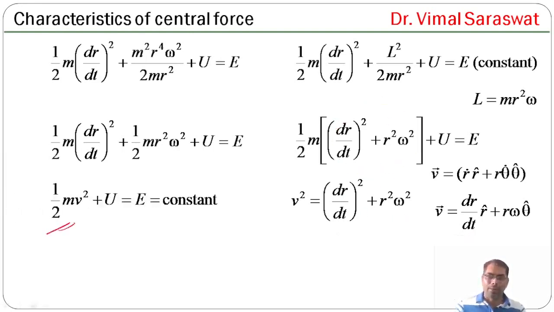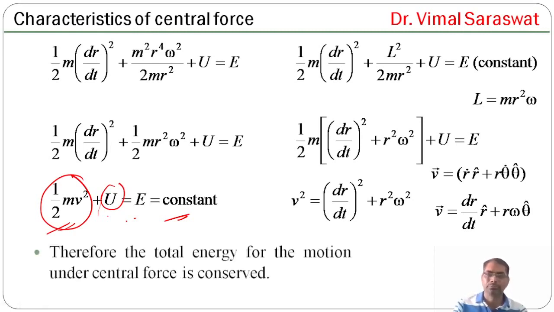So half m v square plus u equal to E, and this is constant. So this is kinetic energy and this is potential energy. So total energy is always constant if a particle is moving under the central force. Therefore, the total energy for the motion under central force is always conserved.